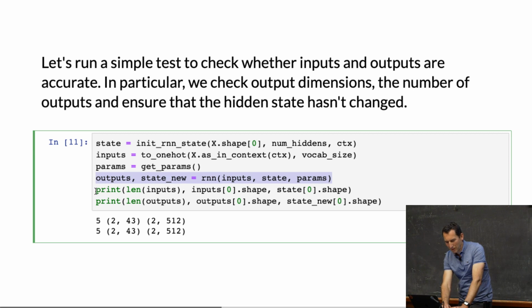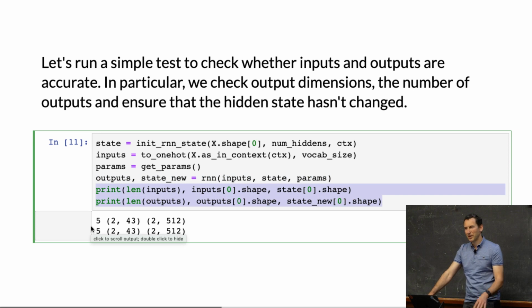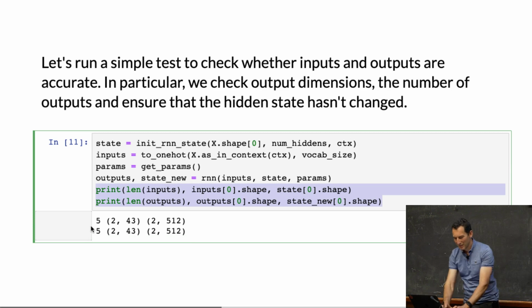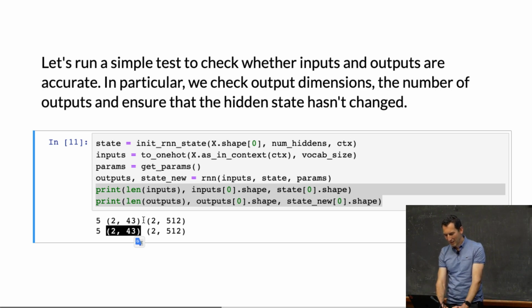And so after that, you can just compare what happened between inputs and outputs. And very unsurprisingly, at least if the code is correct, and in this case it looks like it is, number of inputs and number of outputs is the same. That's what you would expect, right? That's this 5 here. The shape of the inputs and outputs is also the same. It doesn't have to be that way, but that's what happens because we engineered it that way, so that we have basically the same number of output dimensions. And then lastly, the old and the new state look the same.